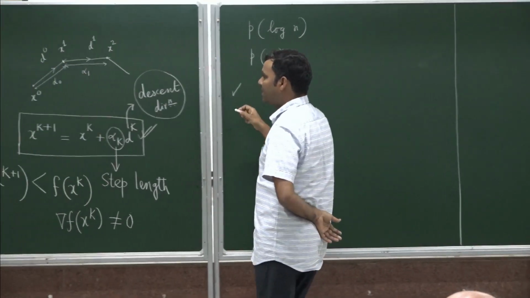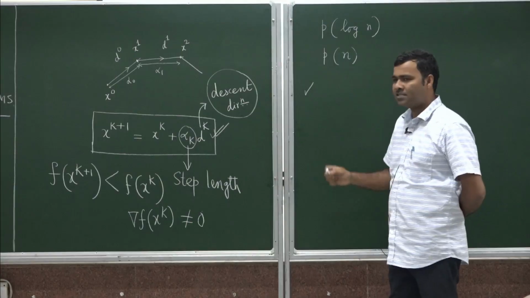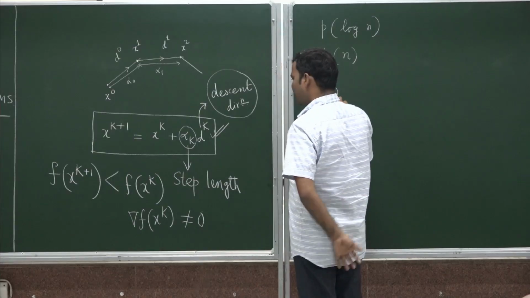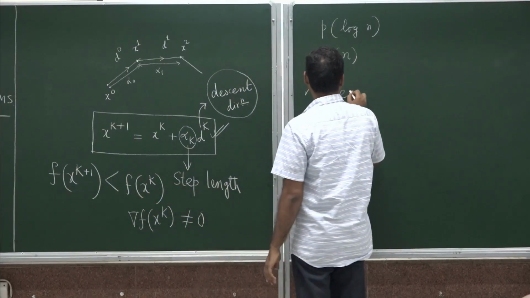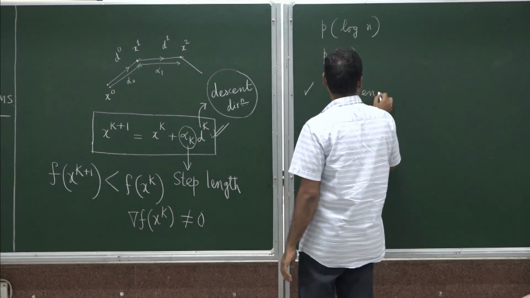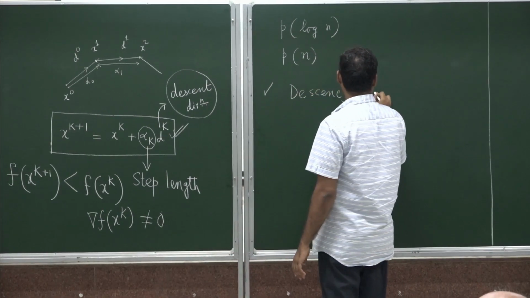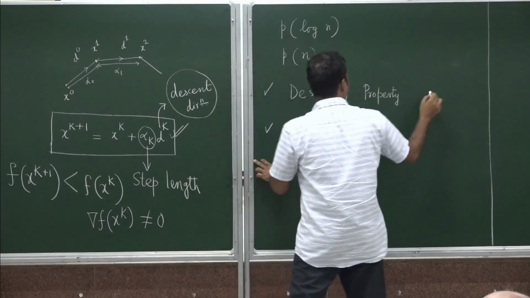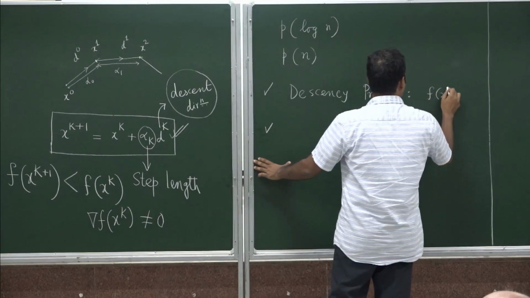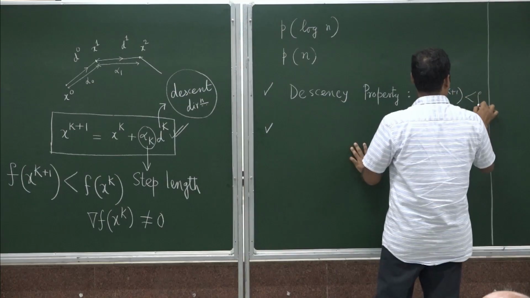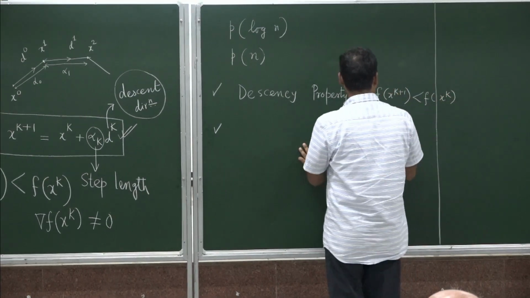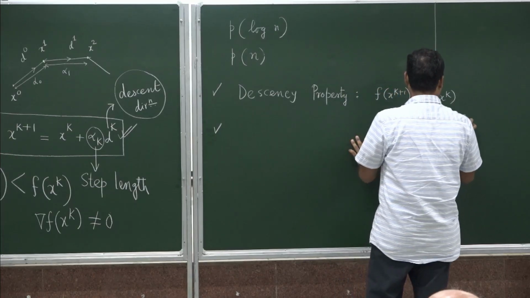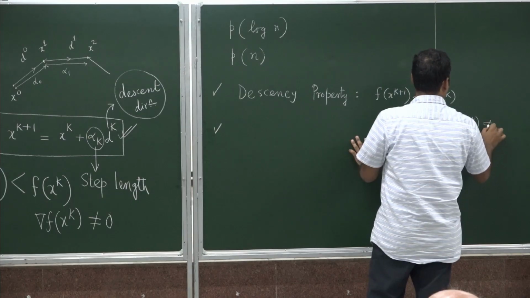Anyway, as I mentioned, I will state the algorithms, and then we will make a cross check whether they have the descent property. By descent property I simply mean this property: f(xk+1) is less than f(xk) for all k, as long as the gradient of f(xk) is not equal to the null vector.